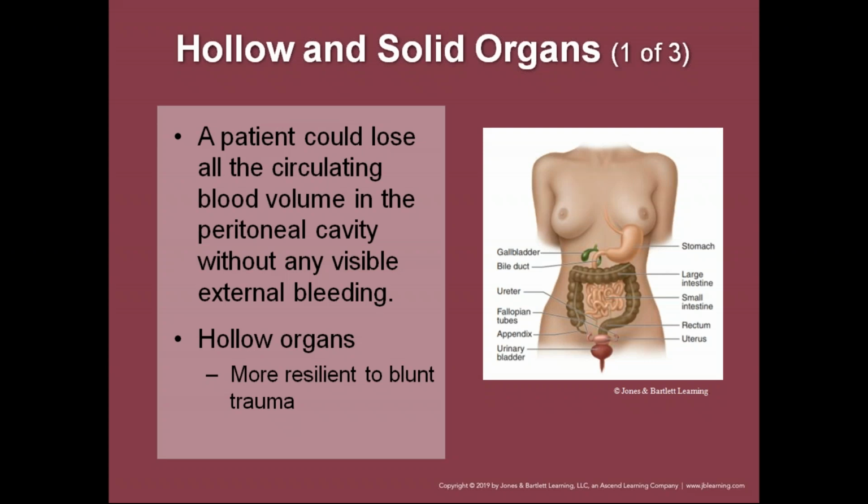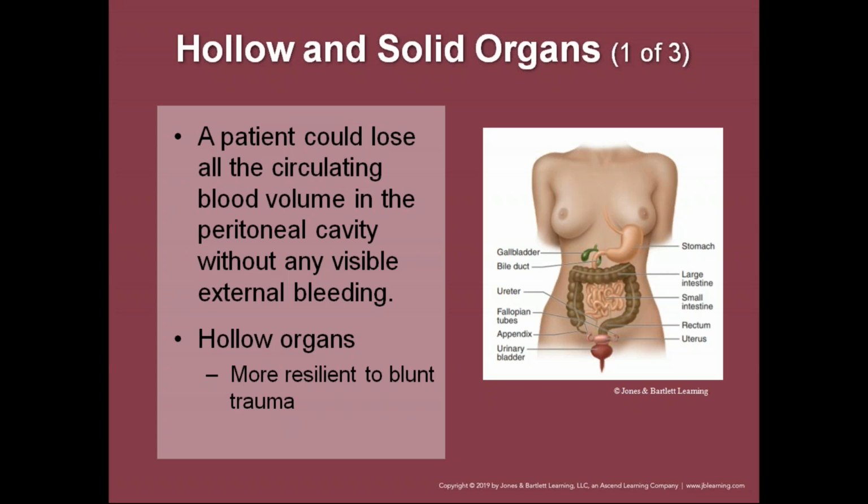Hollow and solid organs. A patient could lose all circulating blood volume into the peritoneal cavity without any visible external bleeding. Hollow organs are structures through which material passes, more resilient to blunt trauma and less likely to be injured by trauma unless they are full.